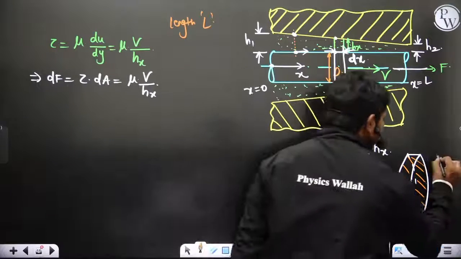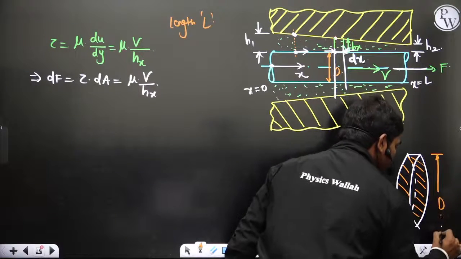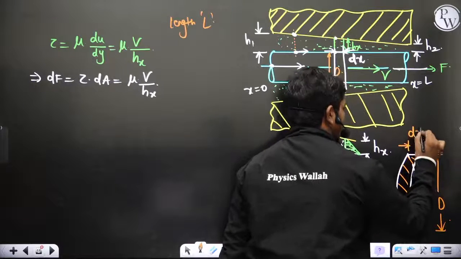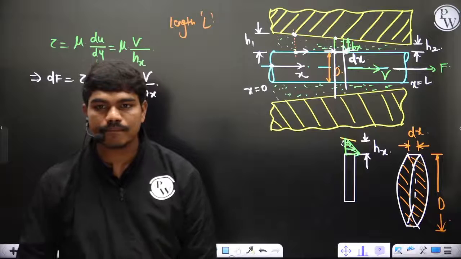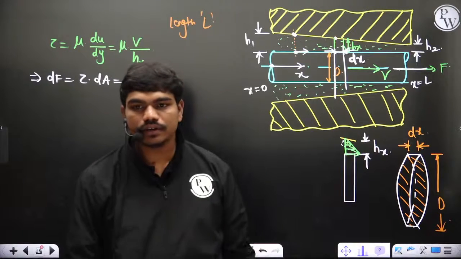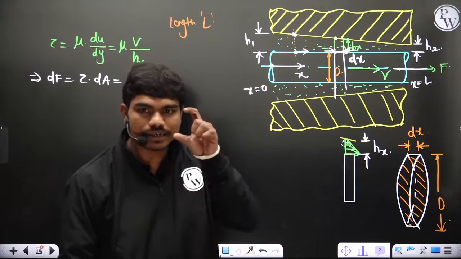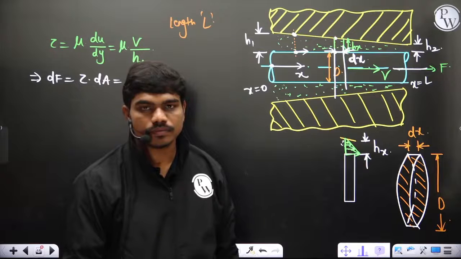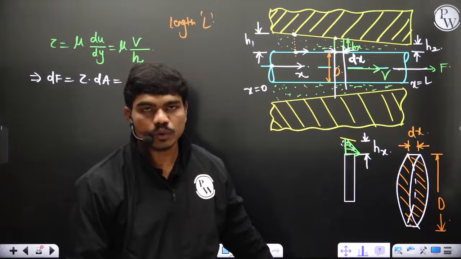This is a diameter d, this is dx. So what is the area in contact with the fluid of that small elemental circular strip that I have taken? Pi d into dx, correct?